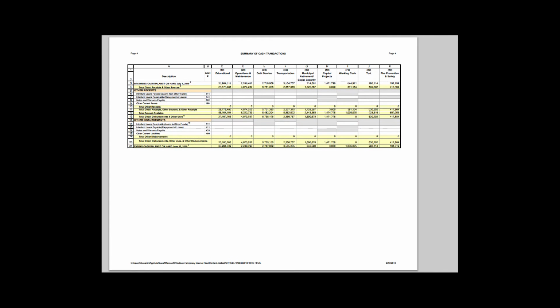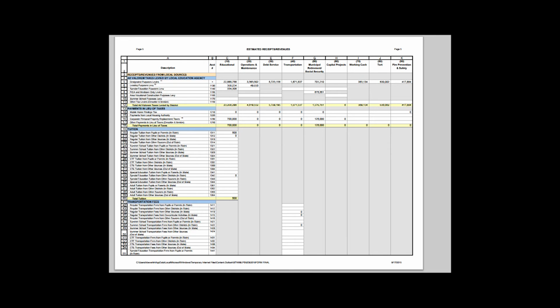The cash summary shows our beginning cash balance on hand at the beginning of the year and what we expect the cash balance to be at the end of the year, and just shows revenues and expenses going in and out from a cash side. The next 2 sheets, estimated revenue and estimated expenses, are line by line descriptions of where we expect all of our money to go, function by function.